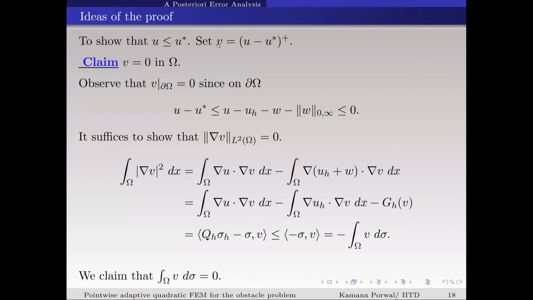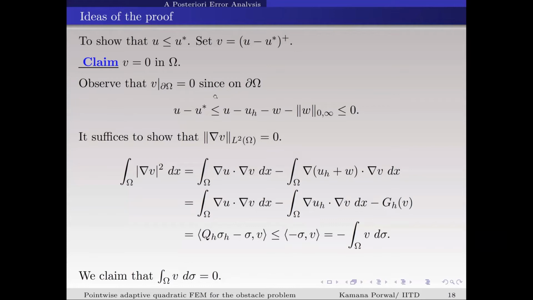Secondly, this function v also vanishes on the boundary of the domain, because if we consider u minus u star, we just use the definition of u star here, and we know that u, u h, and W all are 0 on the boundary. So u minus u star is less than or equal to 0 on the boundary. Thereby, the function v is 0 on the boundary of the domain. So in fact, the function v is in H1 naught omega.